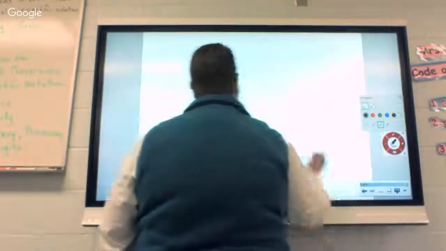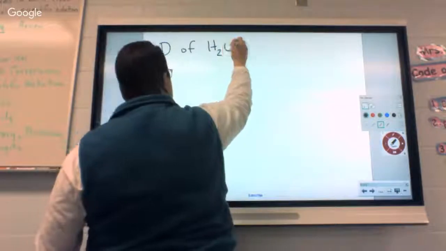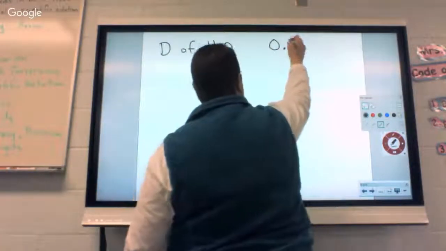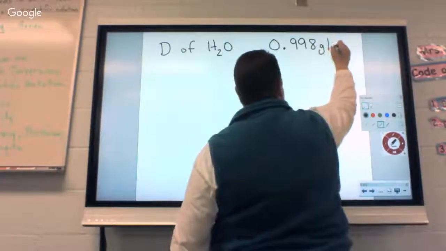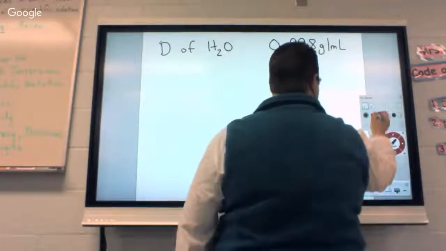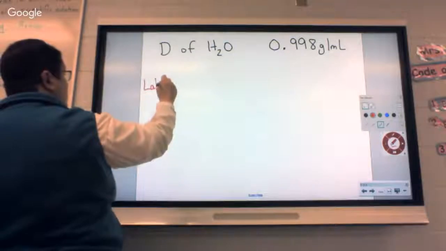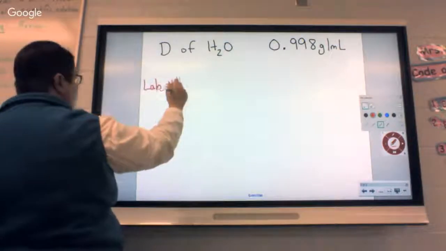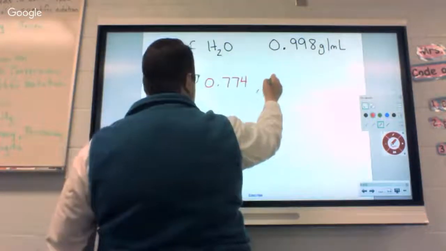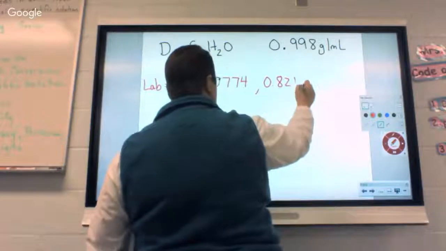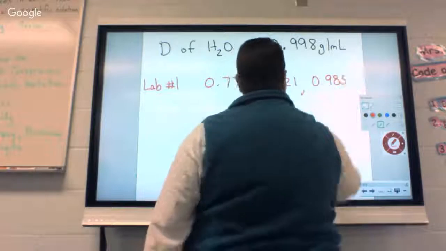Let's say that we're going to do a lab with a density of 1. Its density is 0.998 grams per milliliter, I believe, is the unit on that. Let's say that lab 1, 3 of you go in and you do the lab, and you come up with data of 0.774, 0.821, and 0.985.